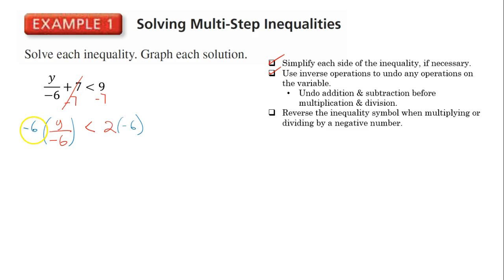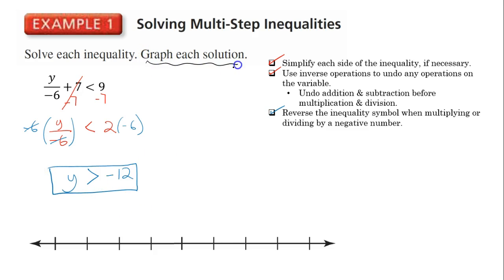And since I'm multiplying by a negative number, I have to switch the inequality sign. So, negative 6 divided by negative 6 is 1, so I just get y over here. 2 times negative 6 is negative 12, so I get y is greater than negative 12.